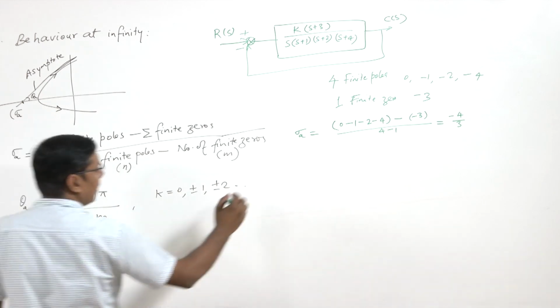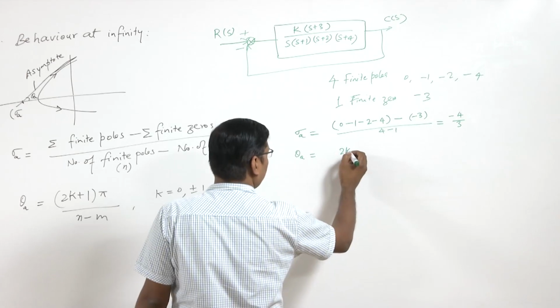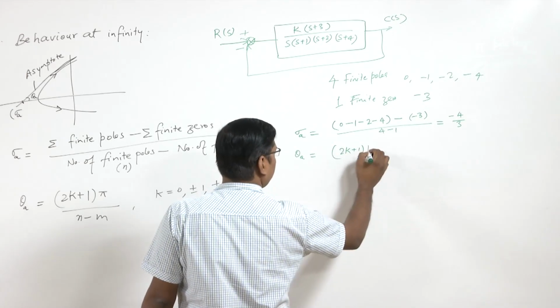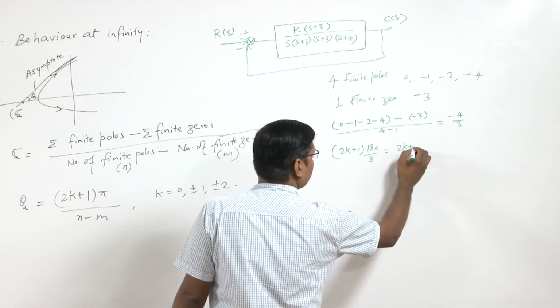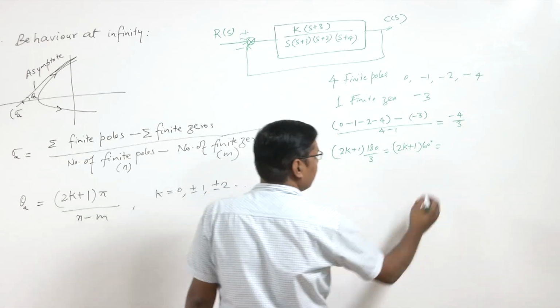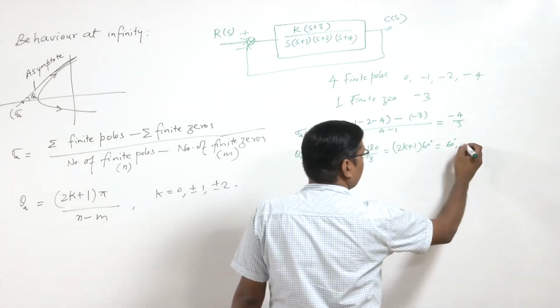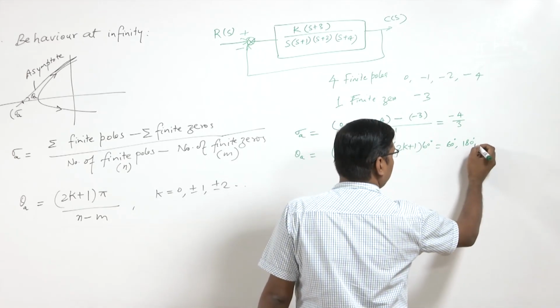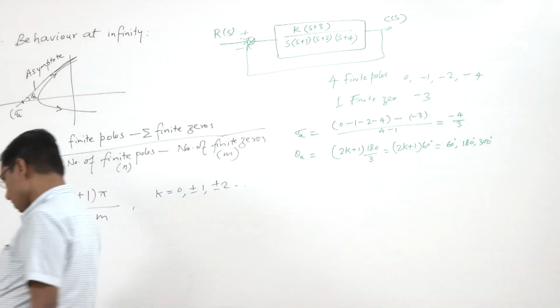And then theta a equals (2k plus 1) times 180 by 3. So that is (2k plus 1) times 60 degrees. So that is 60 degrees, then 180 degrees and 300 degrees. So these are the angles.